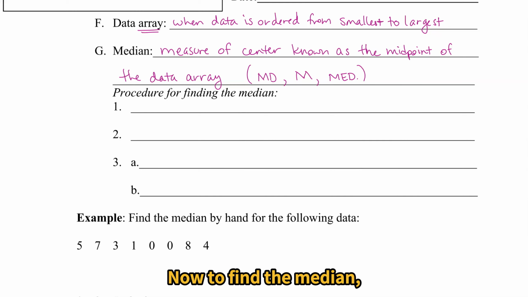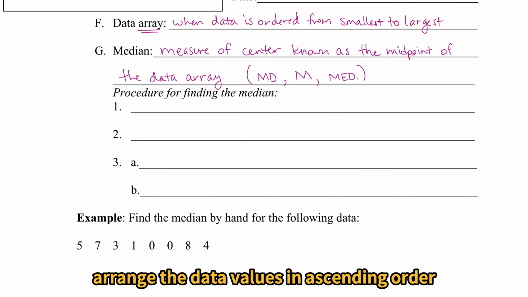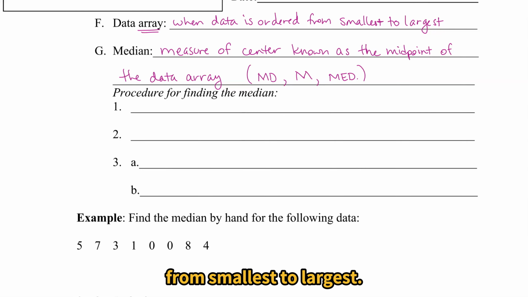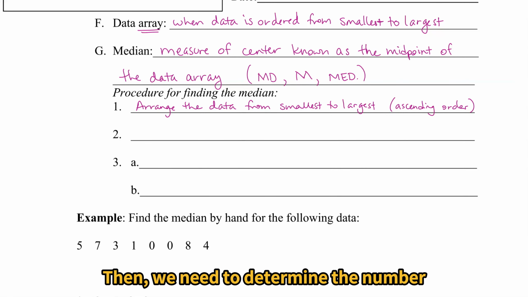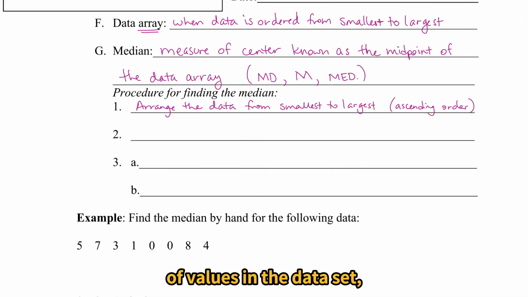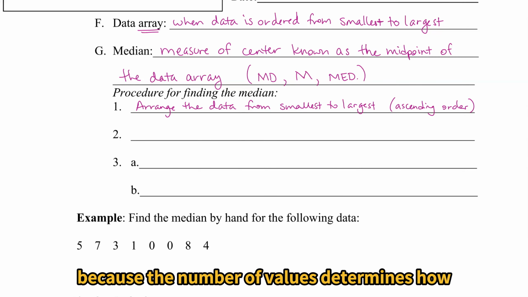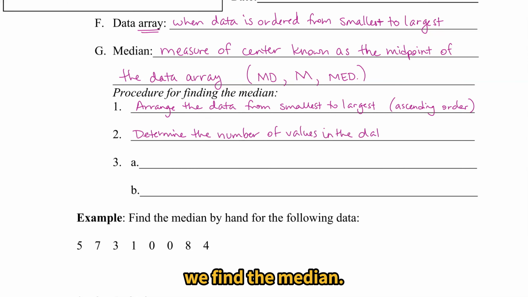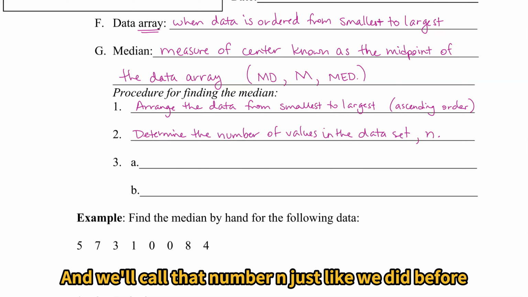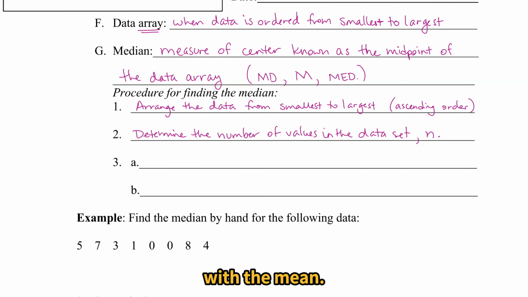Now, to find the median, we're going to first arrange the data values in ascending order from smallest to largest. Then we need to determine the number of values in the data set because the number of values determines how we find the median. And we'll call that number n, just like we did before with the mean.